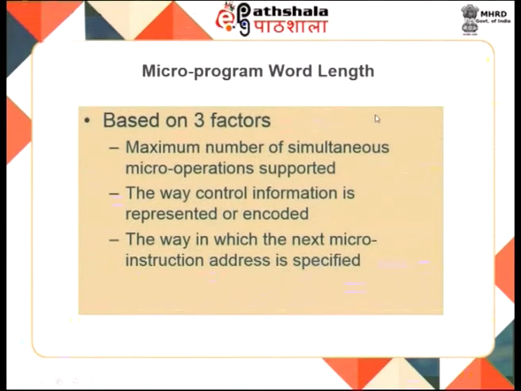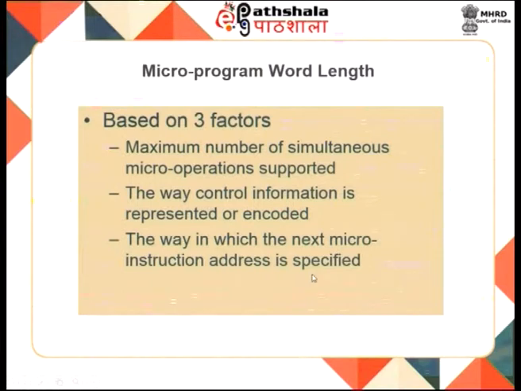And the microprogram word length basically depends on three factors. It depends upon the maximum number of simultaneous micro operations supported. It depends on the way control information is represented or encoded, and it depends on the way in which the next micro instruction address is specified.